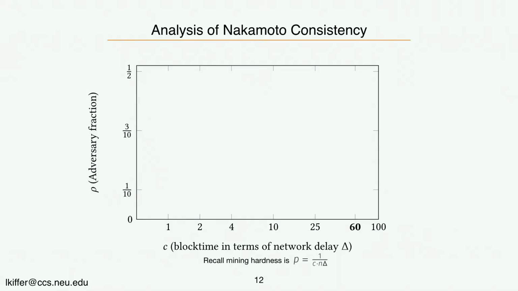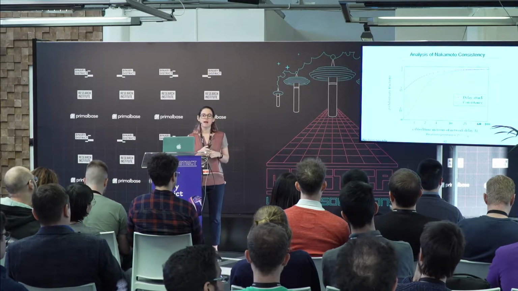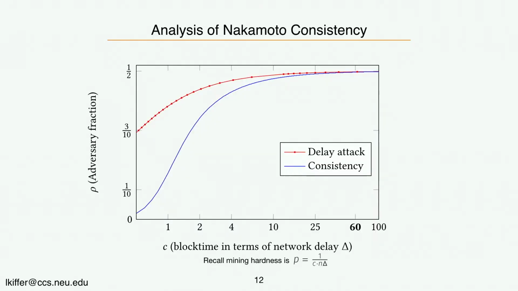So when we look at bounding consistency, we look at the relationship between c, the probability of mining, and then the maximum fraction of adversary the protocol can withstand. And so we see here this blue line, this lower bound of consistency for Nakamoto's protocol. So for whatever probability of mining you have, what's the most power the adversary can have before consistency is no longer guaranteed.